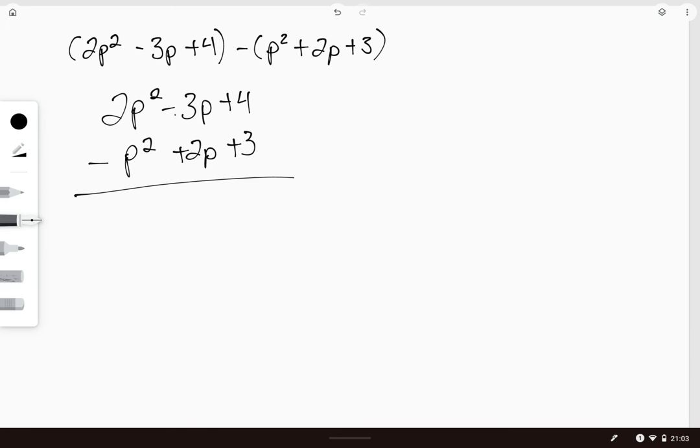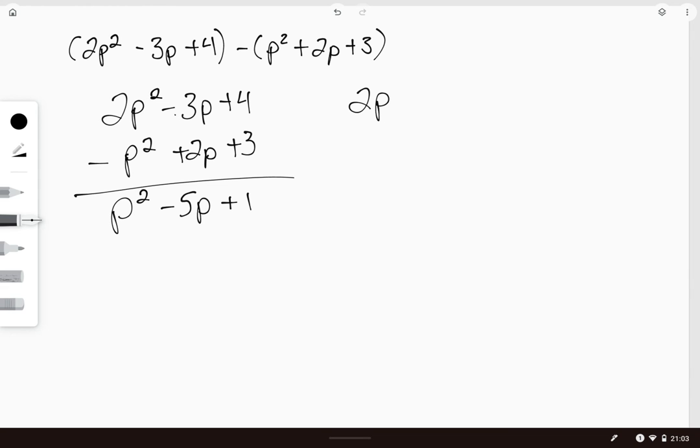So when I stack, I get 2p squared minus p squared is going to be p squared. Negative 3p minus 2p is minus 5p. And then 4 minus 3 is going to be plus 1. So that's what would happen if I did the stacking method.